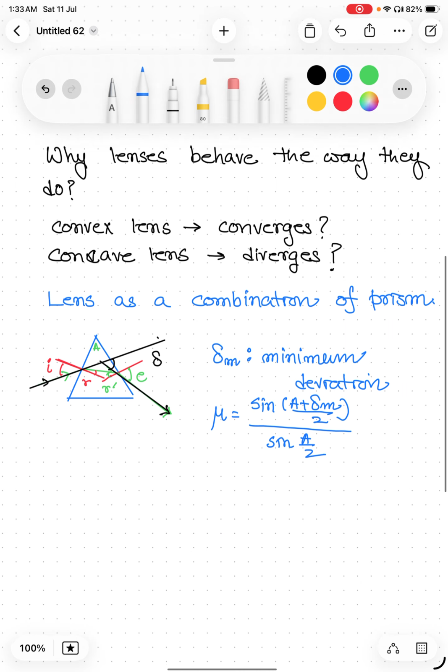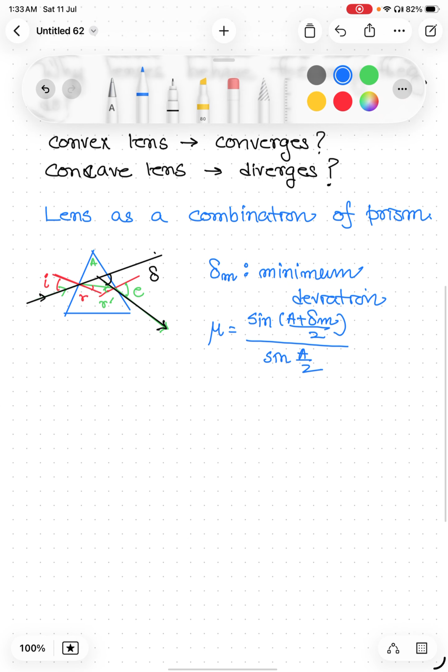But we are not going to use this formula. Instead, to understand how deviation depends on A, we are going to take an approximation called thin prism. So for a thin prism, the angle of prism is very small.